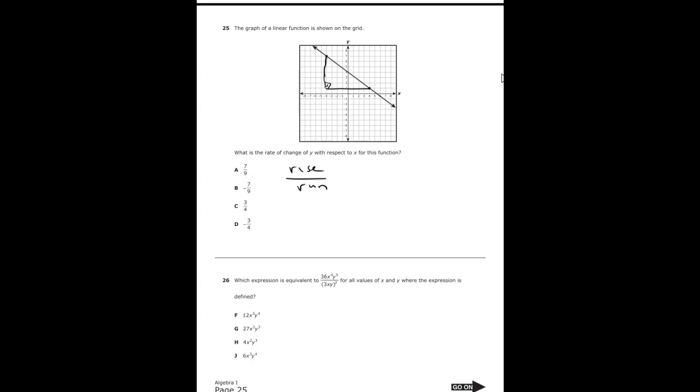One thing you can do to help yourself here is to see that this is a negative slope anyway. So our rise is going to be 1, 2, 3, 4, 5, 6. It's going to be -6. And then our run looks to be 1, 2, 3, 4, 5, 6, 7, 8. +8. So this is -3 over 4.